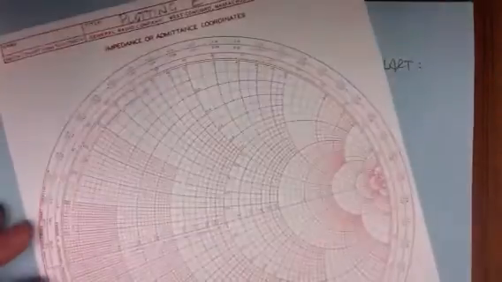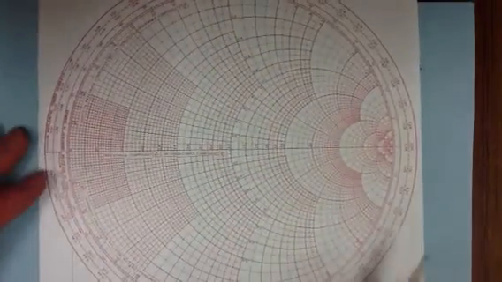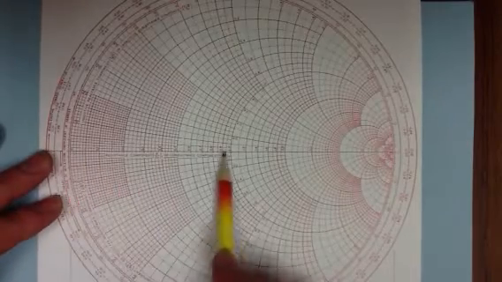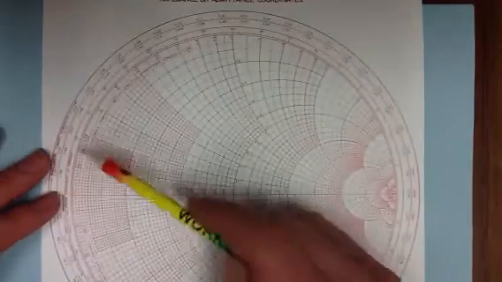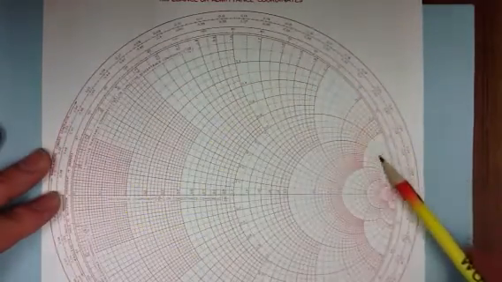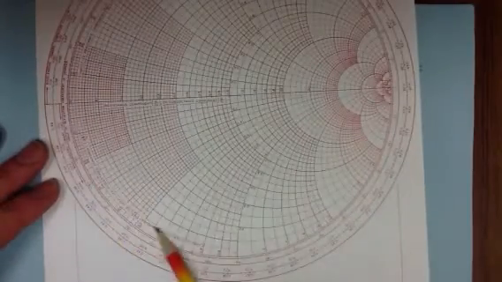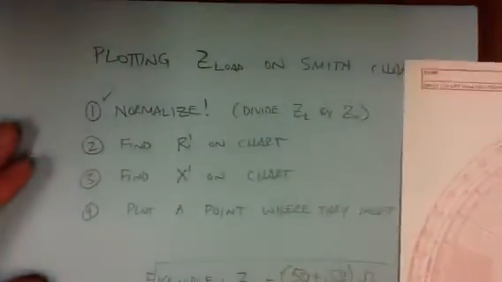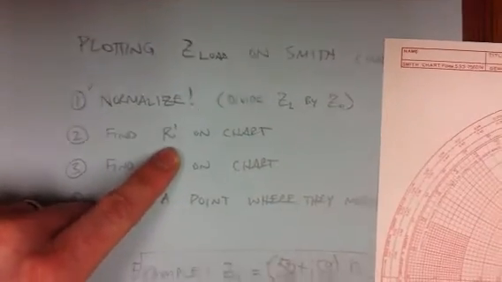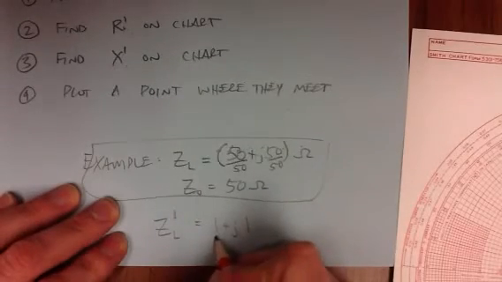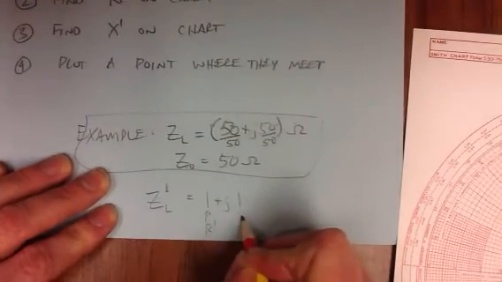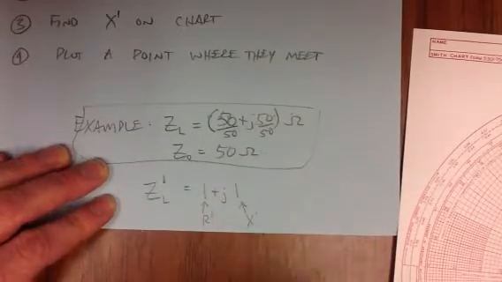Well, I have to show you a few things about this. Here's the Smith chart. The R values are the numbers along here, and the X values are the numbers along here and down here. To find the normalized R, which we worked out to be 1, I go along here.